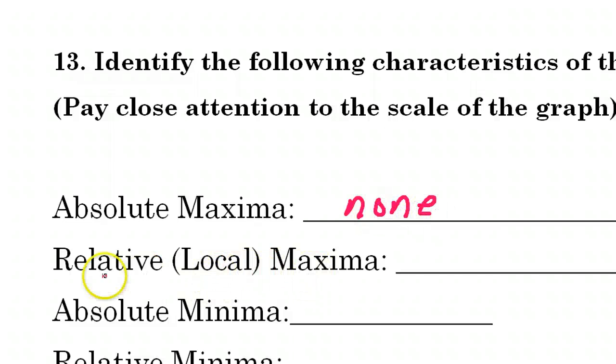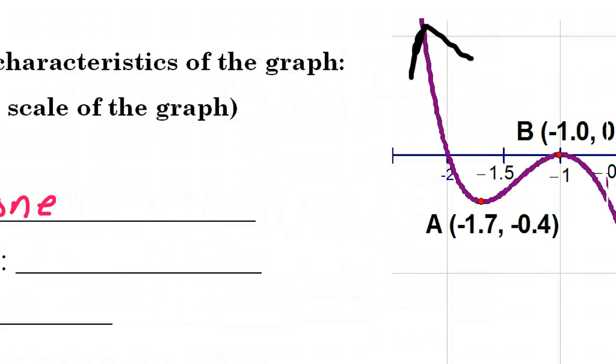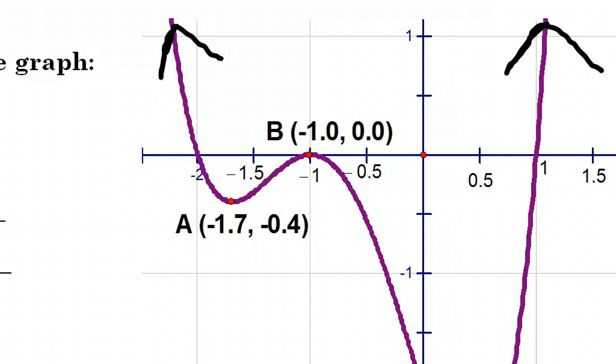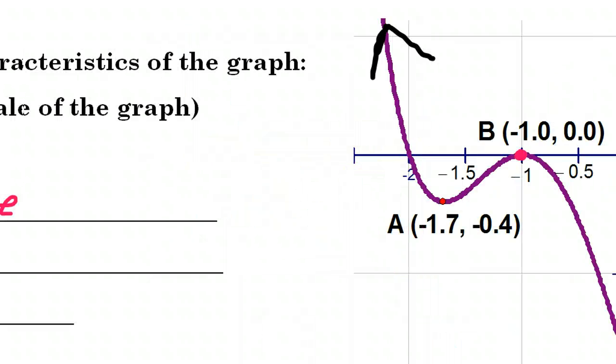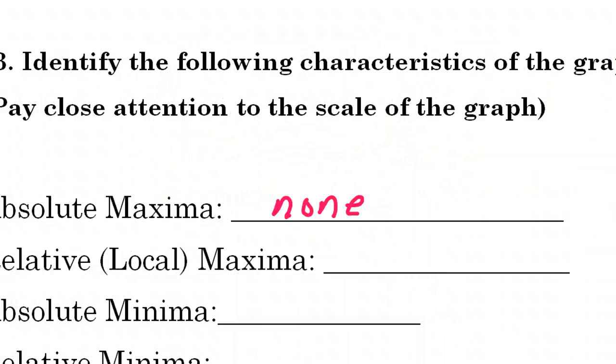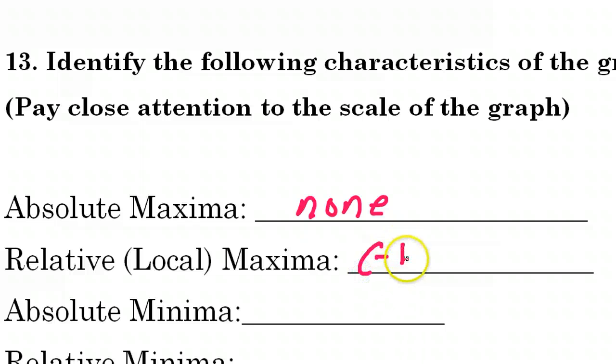What about local or relative maxima? Do you see something that's maybe the top of a hill? Yeah, right here. There's a relative maximum, -1, 0. What about absolute minima?